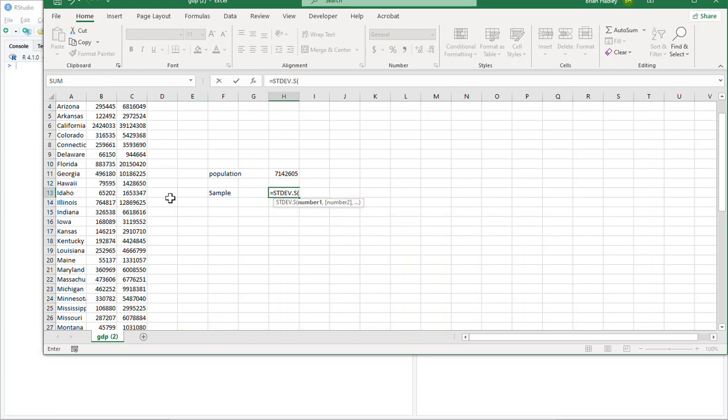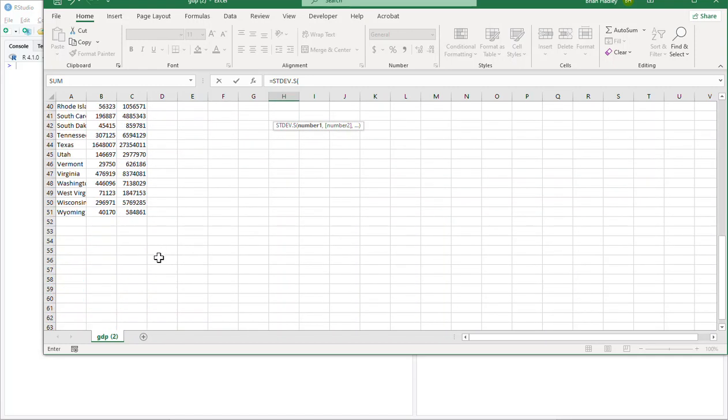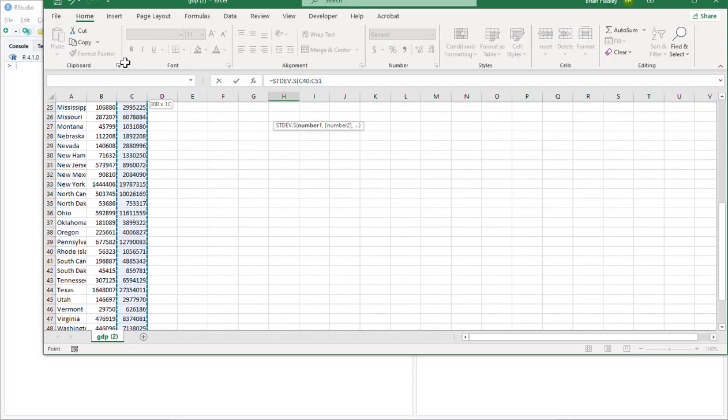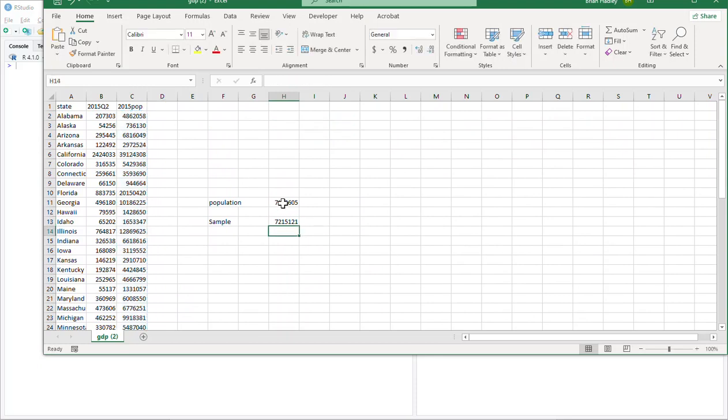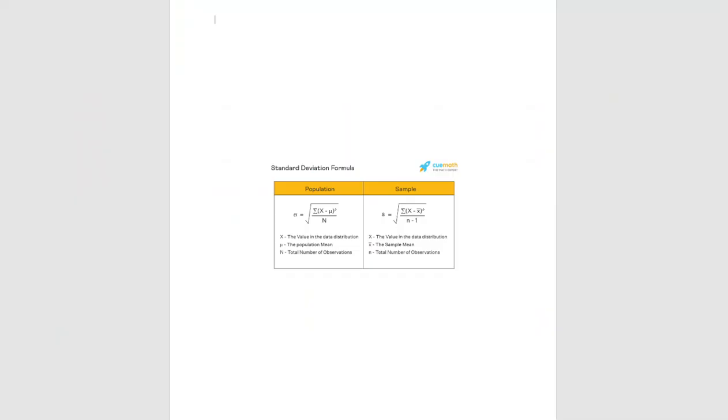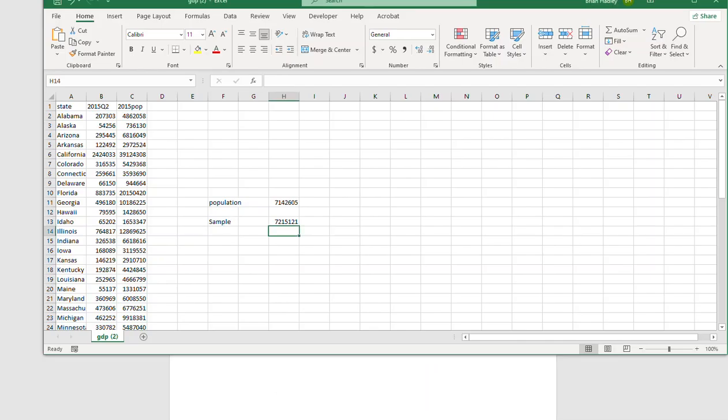If I did the same thing in this one, we would get a different value. And the reason I'm getting a different value is because in the population case, once again, we're dividing by n, 50, and in the sample case, we're dividing by 49, n minus 1. That's why there are different results.